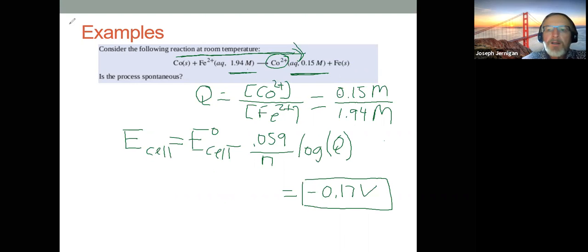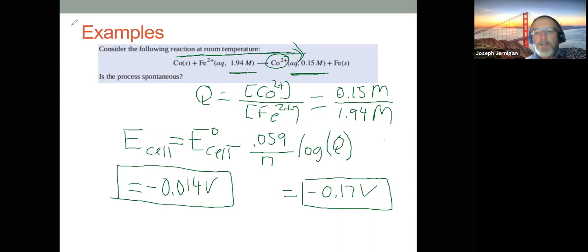Let's go ahead and now take the log of that Q, and I'm going to have to cut to the chase here. That actually turns out to be E cell equals minus 0.014 volts. Okay, so this is with concentration.